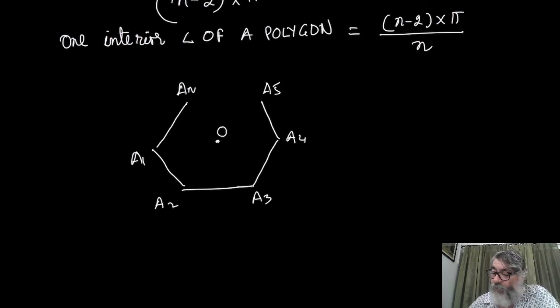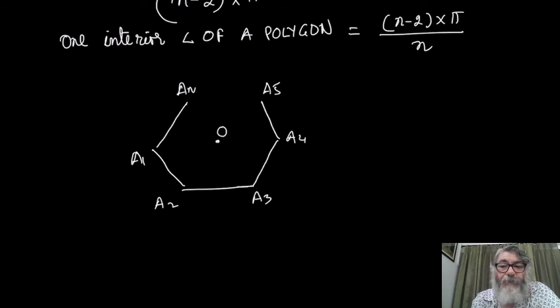If I draw a circle, I'm talking of a regular polygon again, which passes through A1, A2, A3, A4, A5, A6, A7, A8, going till AN, then the center of that circle will circumscribe this polygon.